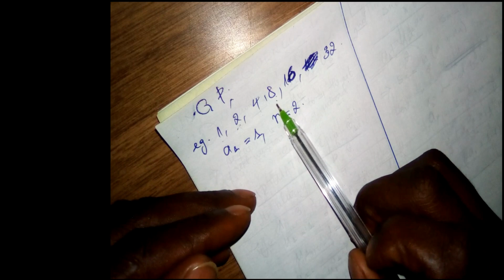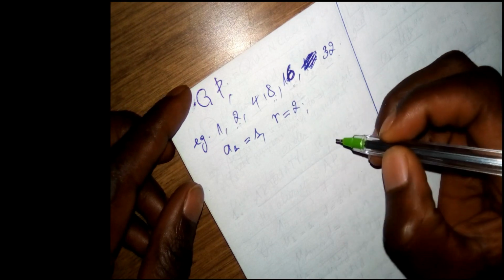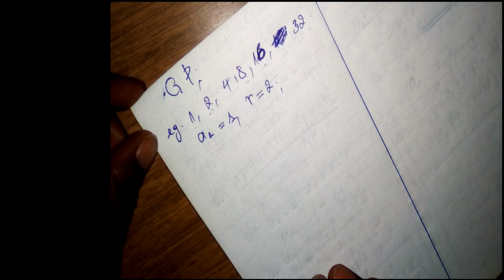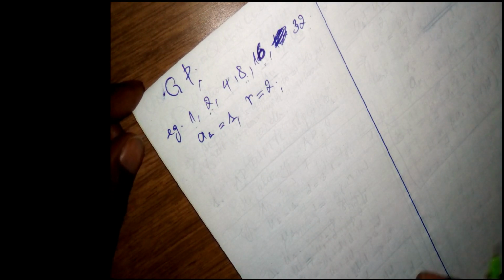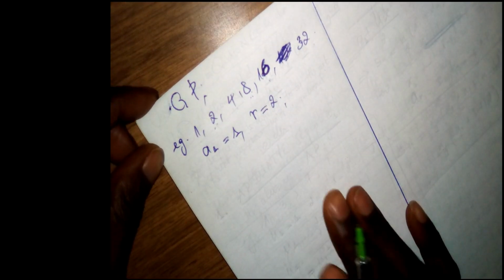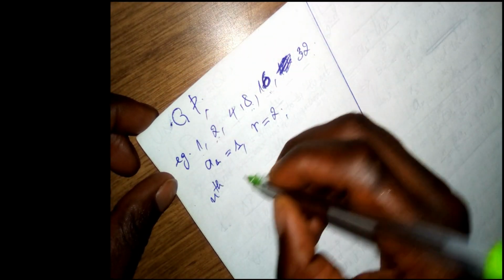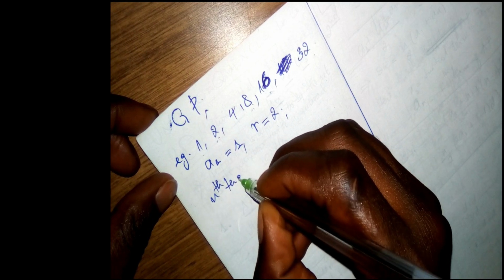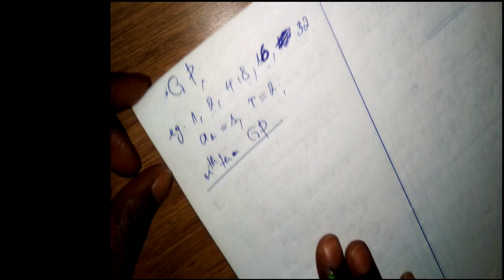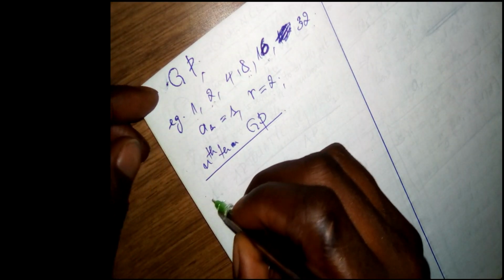So let's see a general expression for the nth term of a geometric progression. Sorry about that mistake. Firstly, let's consider a1 to be the first term.